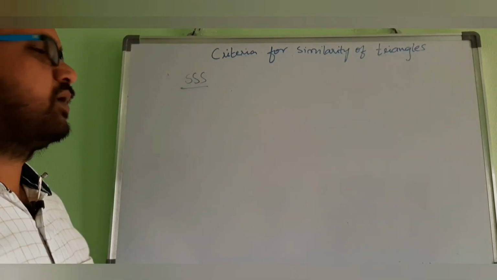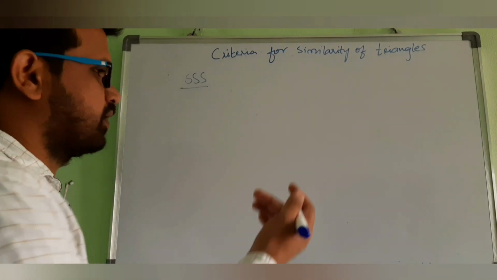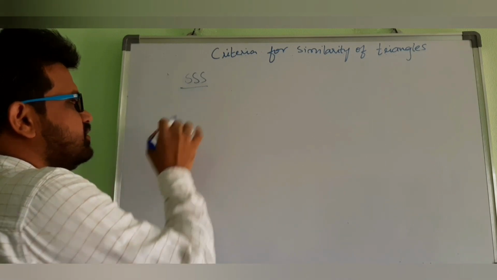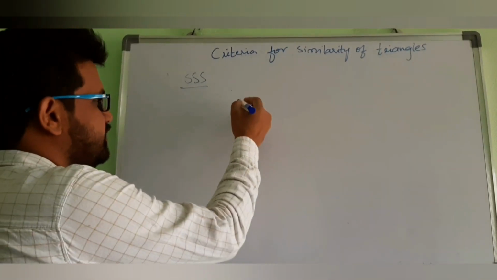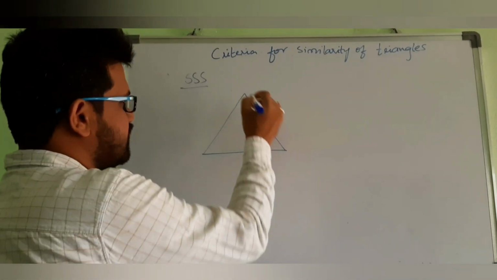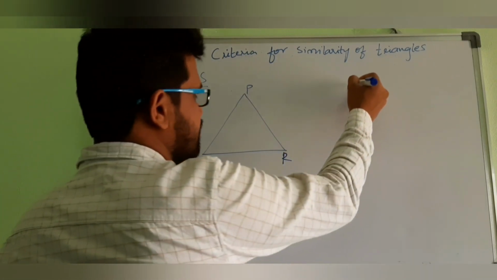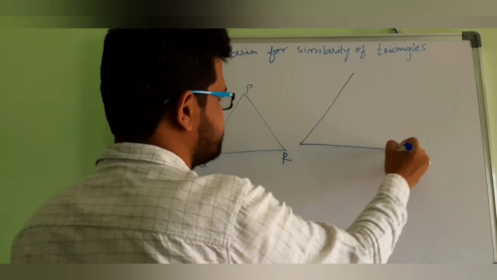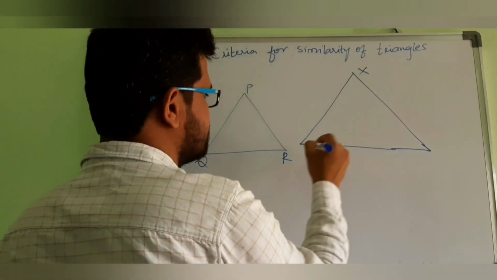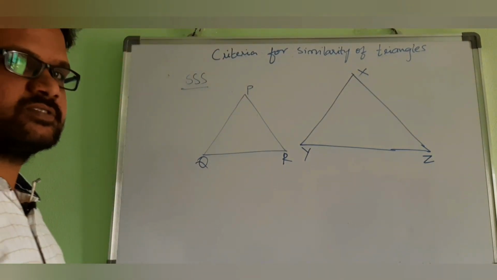Next, the SSS criteria of similarity. Look here, SSS: side, side, side. Let us take two triangles again as usual. Let us take PQR and another triangle XYZ.